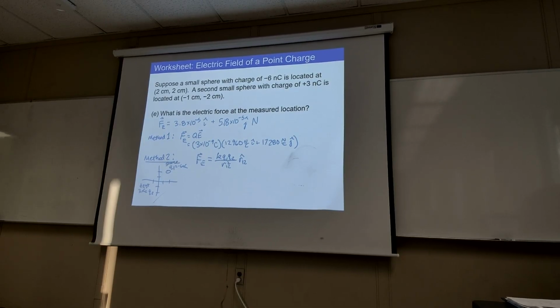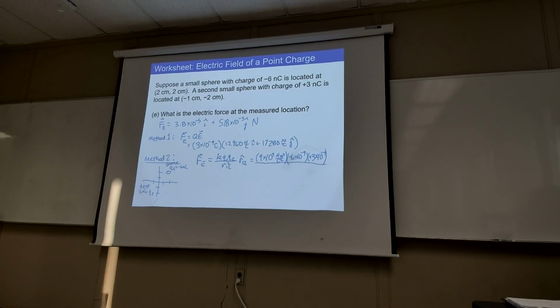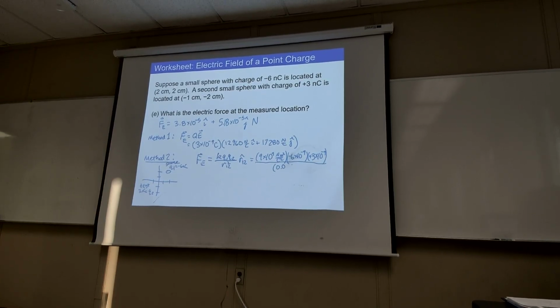Okay? So, all right. In that case, I can go through this problem, and I can stick in 9 times 10 to the 9th Newton meter squared per Coulomb squared. I can stick in my two charges, negative 6 times 10 to the negative 9th, and plus 3 times 10 to the negative 9th, divided by the distance squared, which is the same as we had before, 0.05 meters, that hasn't changed.